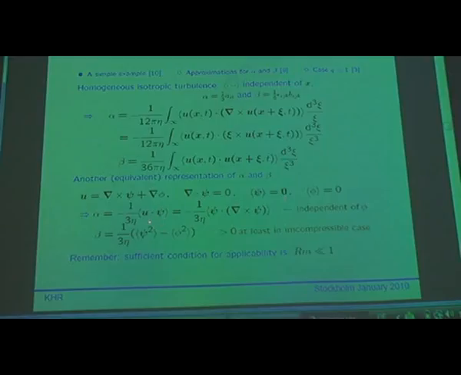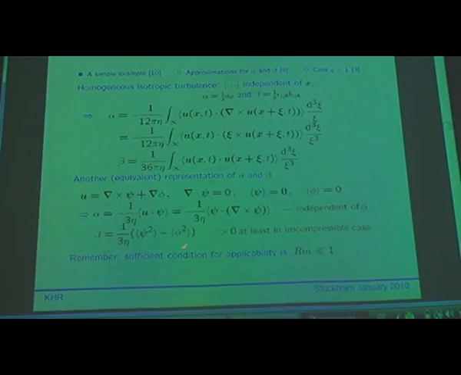You can replace u in this way, and you can show that the term originating from phi vanishes. So you get a result for alpha which is independent of phi. That means independent of compressibility. Phi describes the compressibility. And in a bit more complex way, you can derive such a relation for beta.